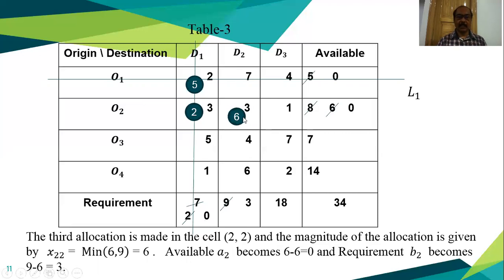After allocating 6 here, how much is left? 0 is available in the origin 2, and the demand is now 3 after allocating 6. Since the available is 0 and the demand is 3 at the destination 2, in the next table we have to move downward in column 2.